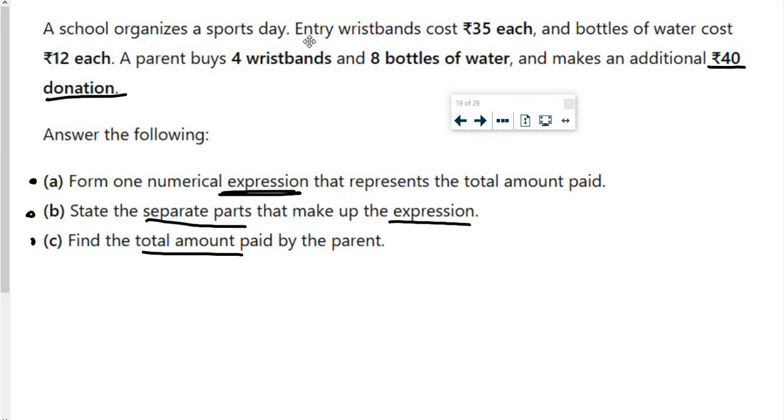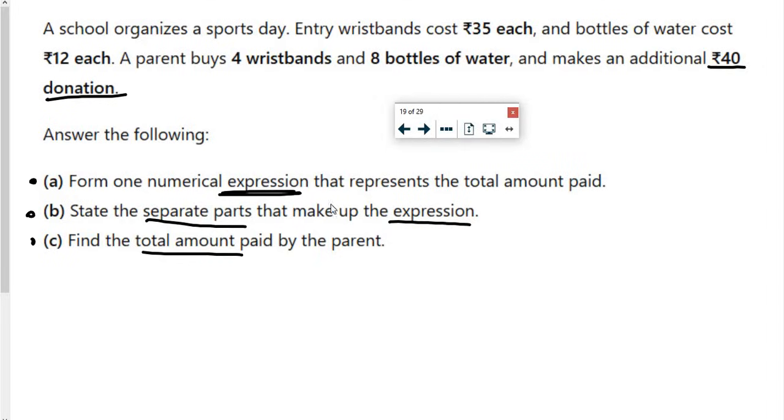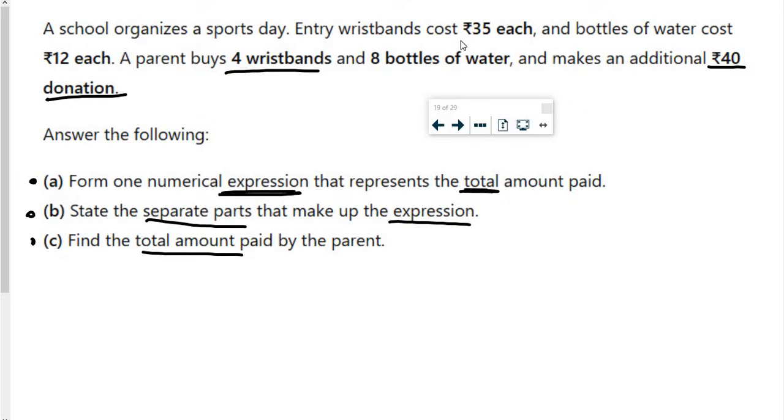So, a school organizes sports day. Entry wristbands cost 35 rupees each, and bottles of water cost 12 rupees each. A parent buys 4 wristbands and 8 bottles of water and makes an additional 40 rupees donation. Can you form one numerical expression that represents the total amount paid? So for A, we're going to write 4 wristbands, each cost 35.